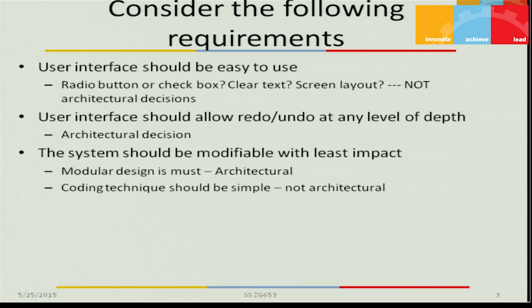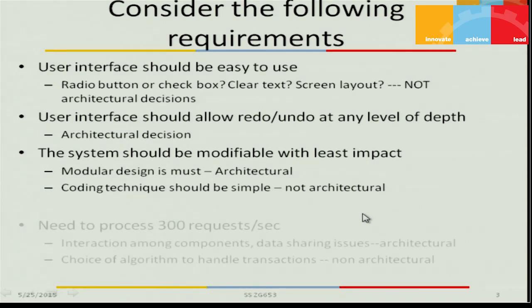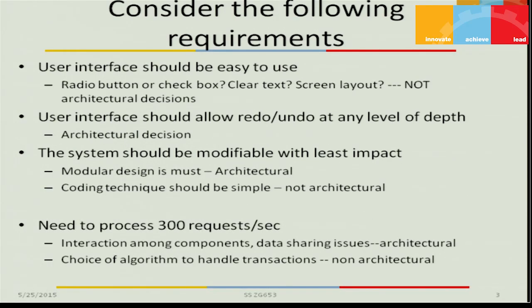In fact, if the coding is simple, then one can change it easily, and then the impact is less. But this is not architectural decision at all. Need to process 300 requests per second. So interaction among components, data sharing issues becomes architectural concern. But in order to process 300 requests per second, you need to possibly choose a different algorithm to handle transaction. This is not an architectural decision.